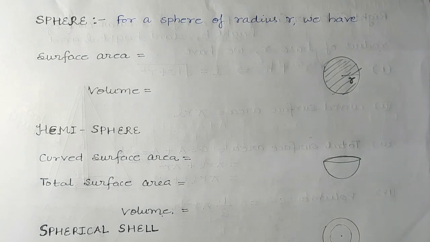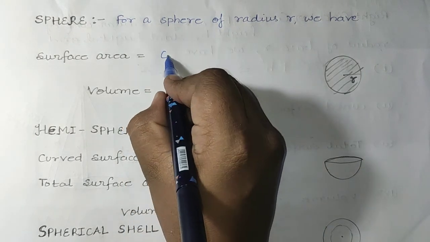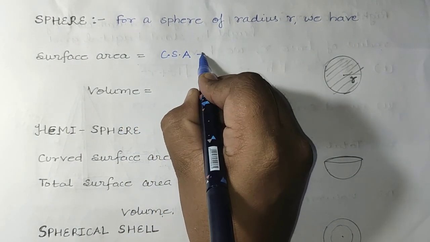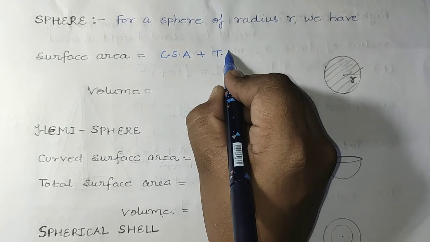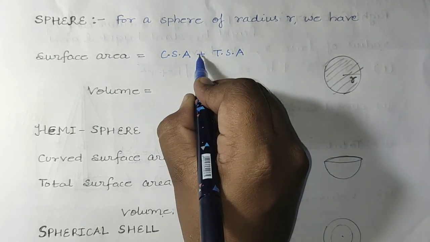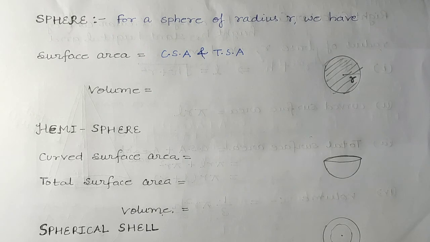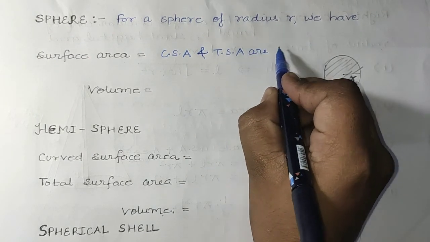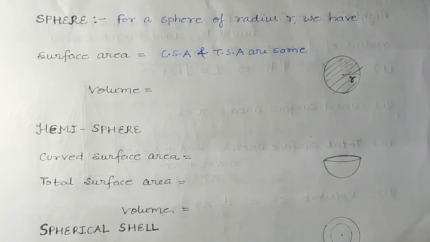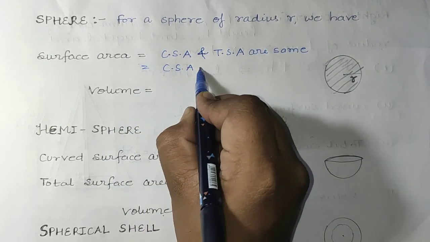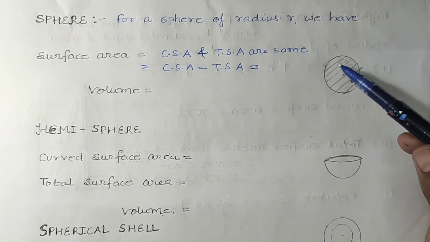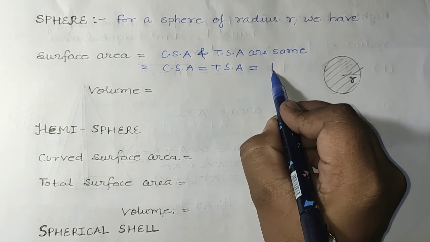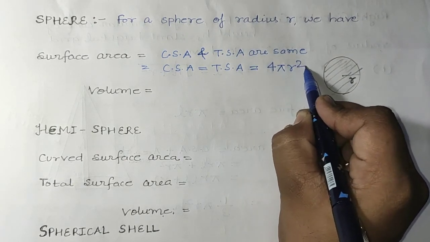What will be the surface area? See, in the case of a sphere, its curved surface area, its lateral curved surface area and its total surface area are the same. So the curved surface area is equal to the total surface area, and the curved or total surface area of a sphere is 4 pi r square.